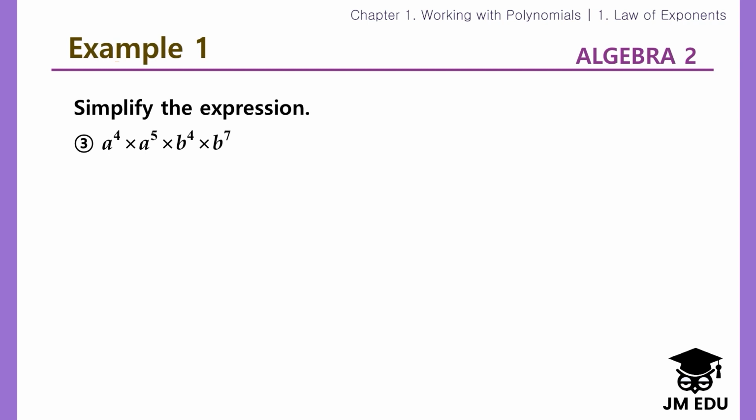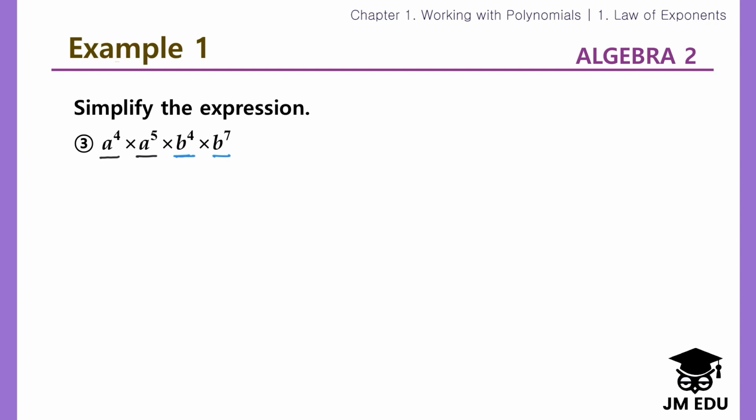Number 3, we have a to the power of 4 times a to the power of 5. Now, different base, b to the power of 4 times b to the 7. So we can simplify these two terms, right? Because they have the same base, a. And these two terms with the base b, right?